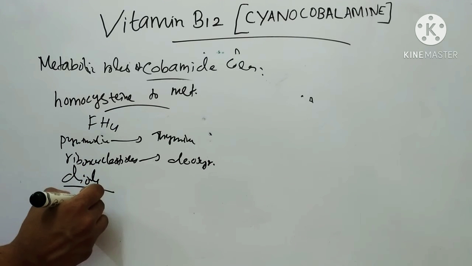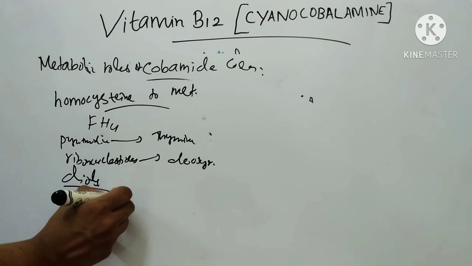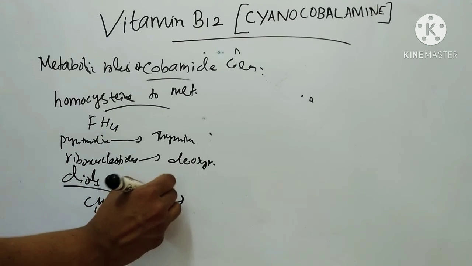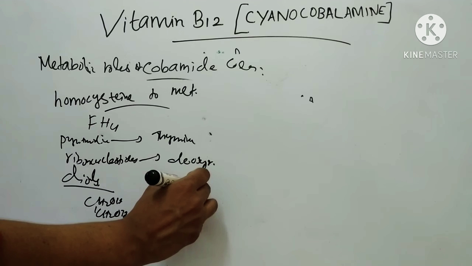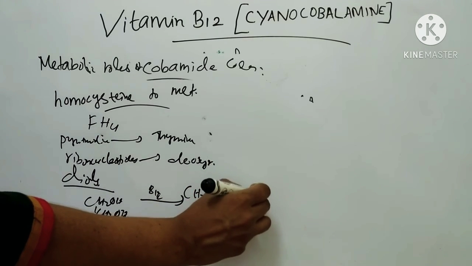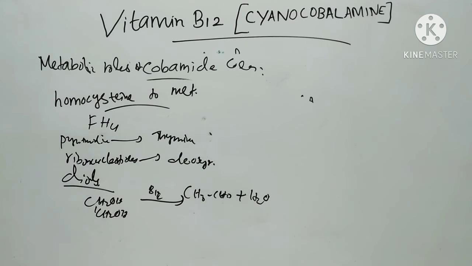For example, ethylene glycol, CH2OH, with coenzyme B12, is converted to acetaldehyde, CH3CHO, plus H2O. So for the metabolism of diols also, vitamin B12 acts as the coenzyme.